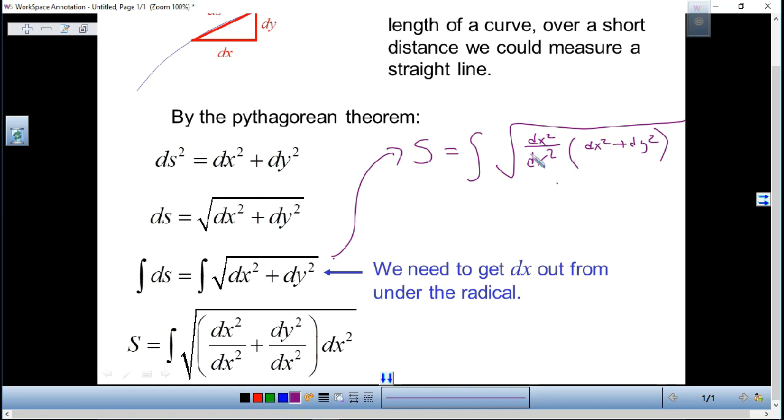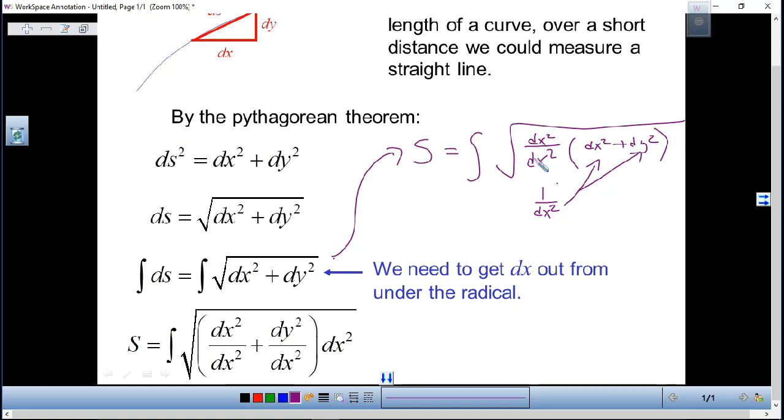Now, we're only dealing with the bottom part. We're going to take this bottom part, which we could think of as 1 over dx squared, and multiply it times both parts in here. This dx squared we're just going to take to the very end.